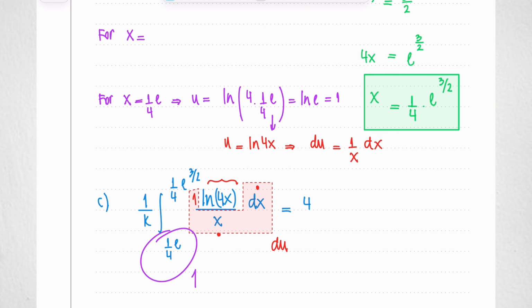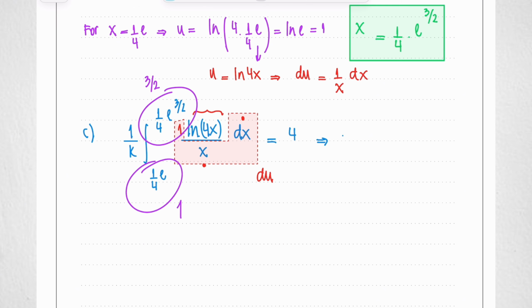Now for x equal to 1 over 4 e to the 3 over 2, our u is ln of 4 times 1 over 4 e to the 3 over 2, which is ln of e to the 3 over 2, which is just 3 over 2. So we have 1 over k integral from 1 to 3 over 2 of u du. And this is all equal to 4.